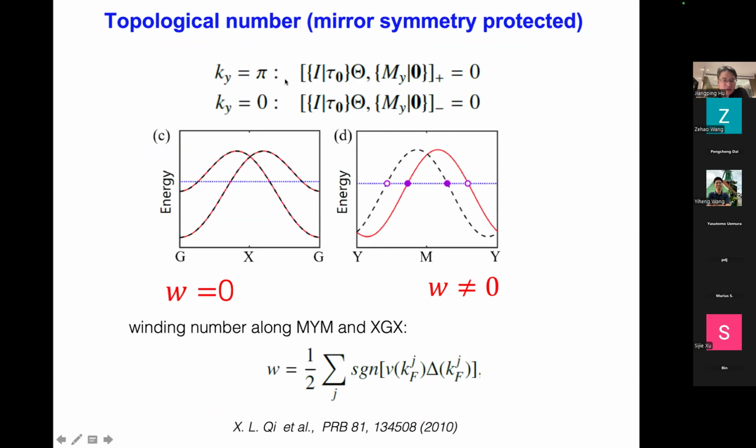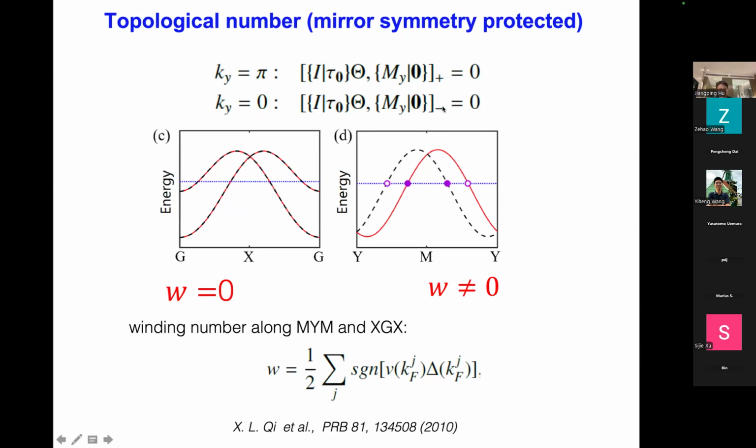So if you go to the boundary, like if you think about ky equal to pi, this mirror symmetry and this inversion symmetry actually anti-commute, and at the zone center they commute.